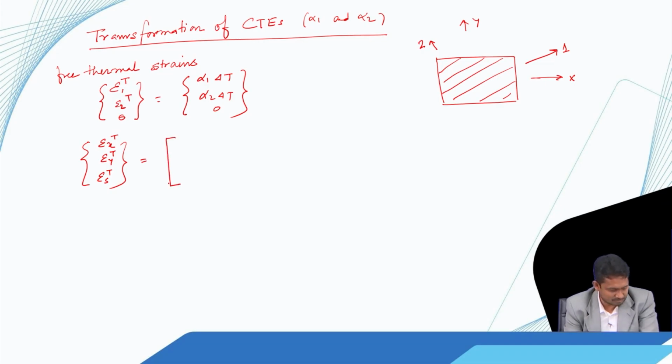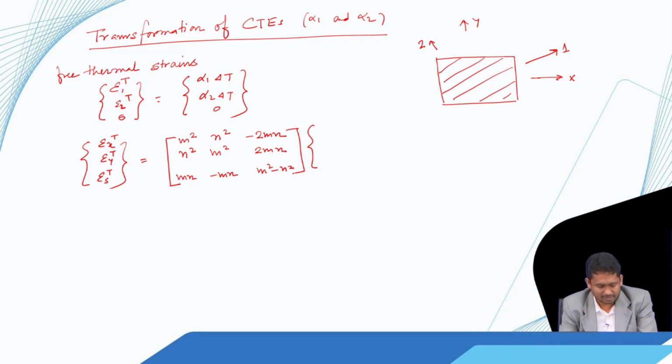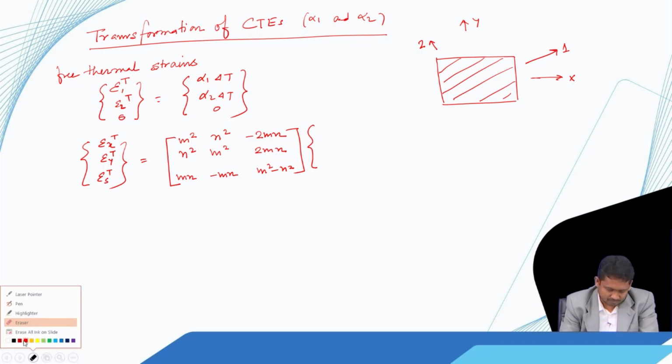And then that follows the transformation law, and that law is m square, n square, minus 2mn; n square, m square, 2mn; mn, minus mn, m square minus n square, and then at the right hand side we have epsilon 1 T. We can write just those in terms of alpha.